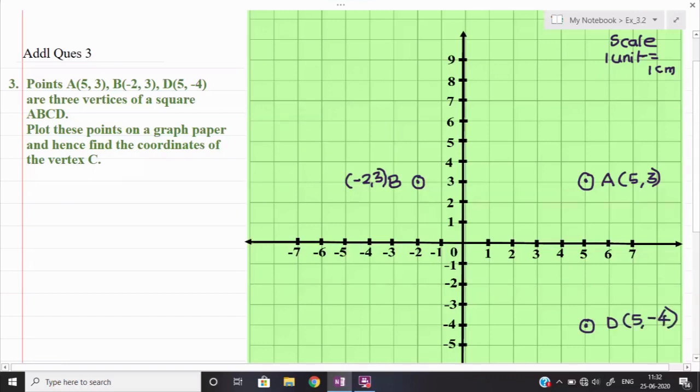Now you see, the C point will be required here. One thing you note: if it is given a square, then A to B, B to C, C to D and D to A, all values will be the same.